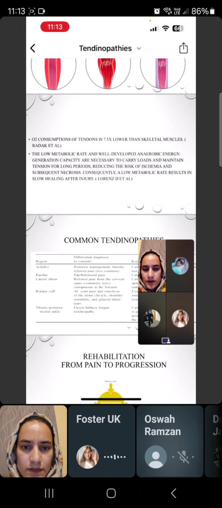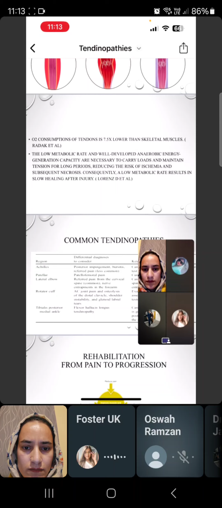Nature hasn't just given you something without any reason. There is a reason for it having a low metabolic rate and low blood supply, because it also saves it from injury. Because there is less blood supply and less metabolic rate, there is less susceptibility to being sensitive to strains, so they are stronger in return.